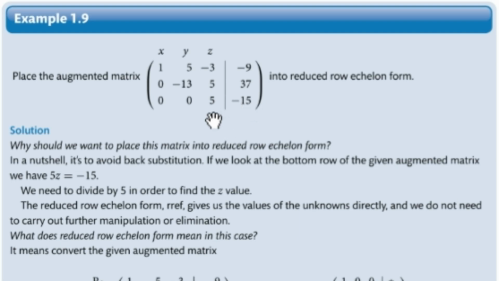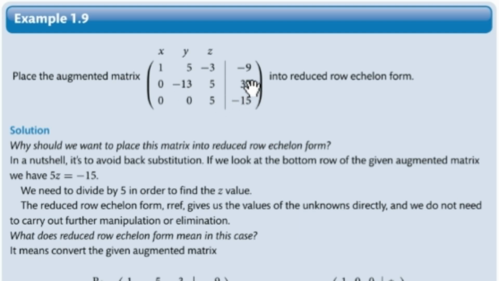And once I know my z value, I'm going to come up here and say 5 times negative 3 plus negative 13 times y. I don't know y, but that's going to equal 37. So it's pretty simple to just take 37 minus 15 times negative 3. There's a couple negatives in there. So basically I'm going to take 37 plus 15 and then divide by this negative 13.